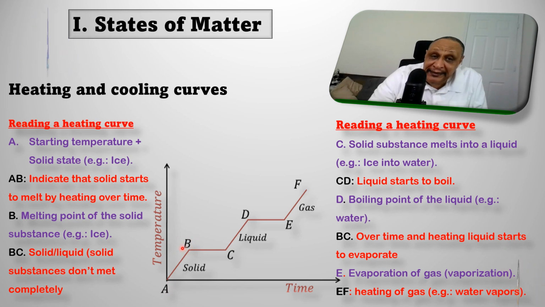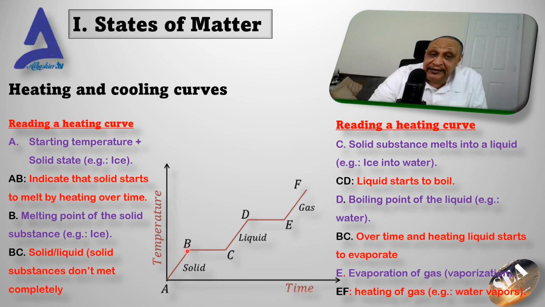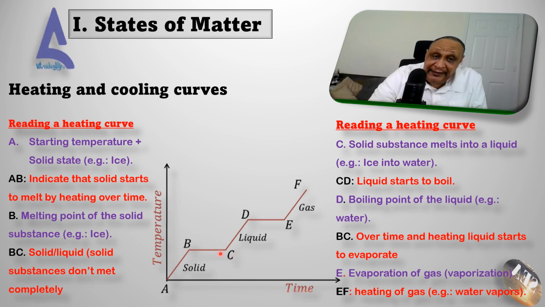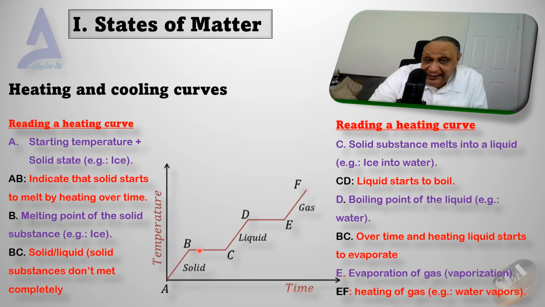B indicates the melting point, or the melting temperature, where the solid substance starts to melt. At the plateau, from B to C, there are some solids here, ice for example, and some liquid, water.